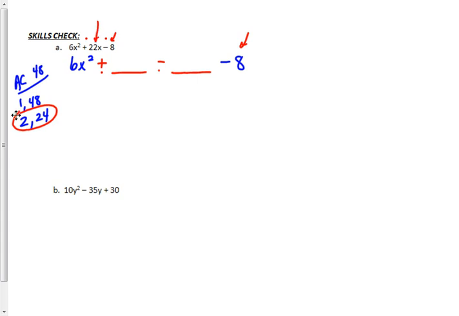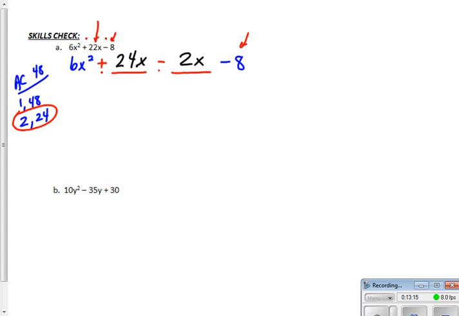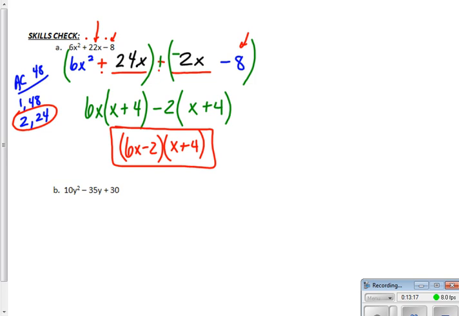Notice it's positive 22, so I need to make sure that I get a positive, so I need to make sure that 24x would go first because it's positive 24. Take away that 2x. From here, go ahead and factor by grouping. After factoring by grouping, we wound up with 6x minus 2 and x plus 4.